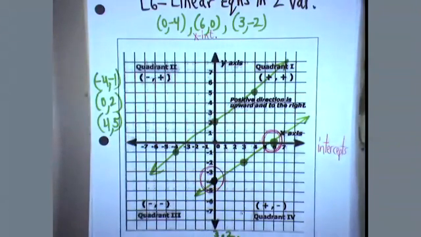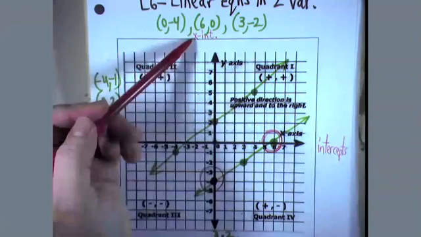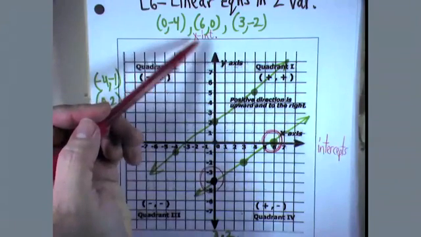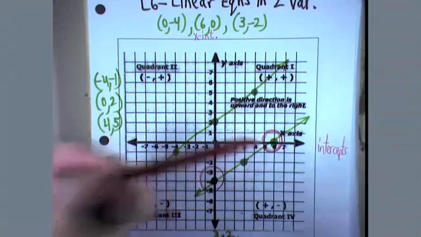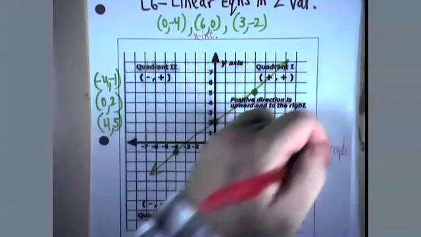In MyMathLab, when you're asked to find intercepts, you have to put them as ordered pairs. The x-intercept, by definition, just means the point where your line crosses or intersects the x-axis.